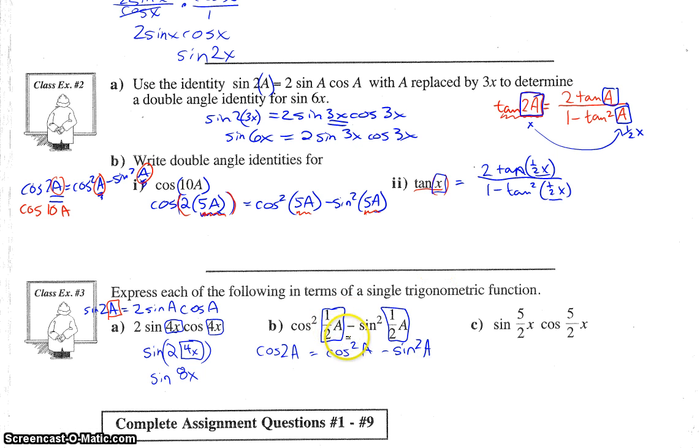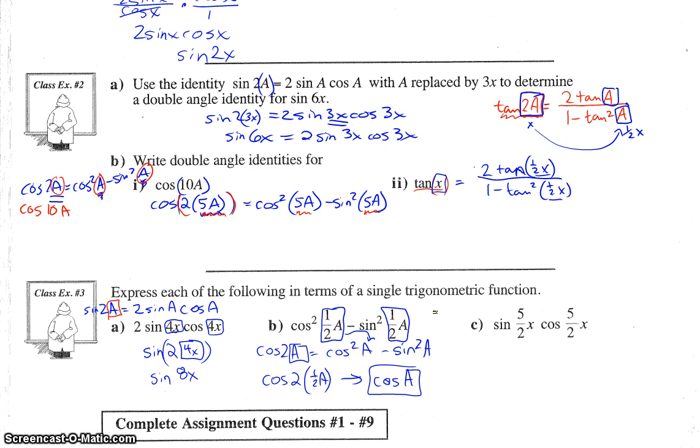For us, instead of a here, we have 1/2 a. So instead of a on the left-hand side, that's going to be cos of 2 times 1/2 a. Now just simplifying that a little bit, 2 times 1/2 is just going to be 1, so this would turn into the cos of a, which would be our final answer.